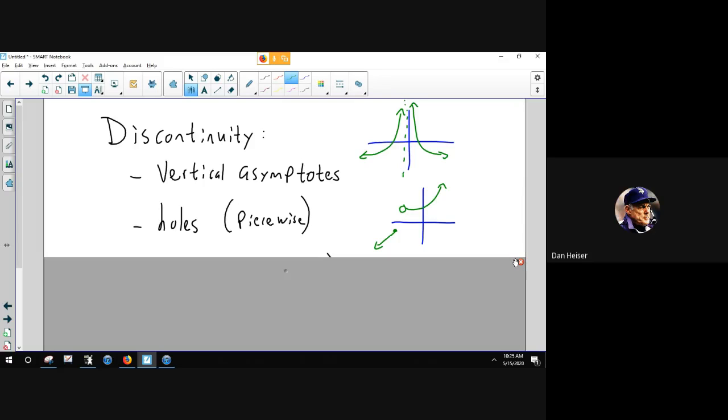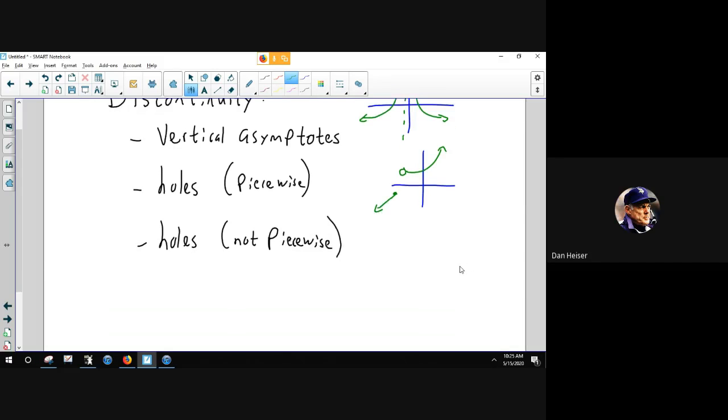Now, to confuse you a little bit, there's a different type of hole. There's a hole in something that's not considered to be piecewise. So something that looks like this. It looks like it's a linear function, but there's a hole here.